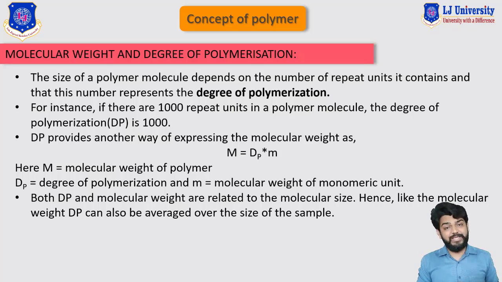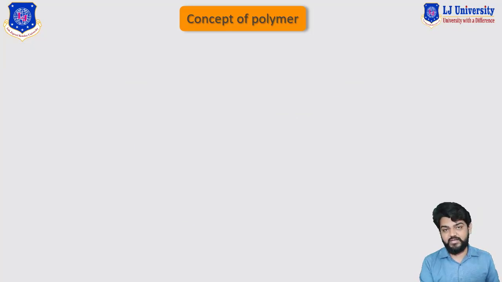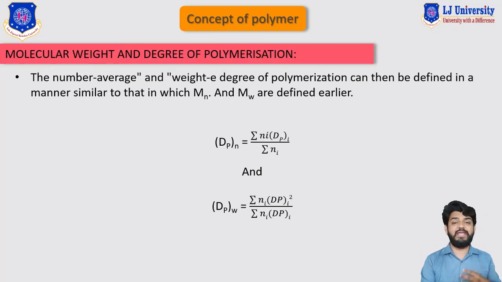And we can also implement the weight average concept on the degree of polymerization as well. Let's see how we can implement this. The number average and weight average concepts of the degree of polymerization can be defined in a similar manner to how we defined capital Mn and capital Mw, that is number average molecular weight and weight average molecular weight.